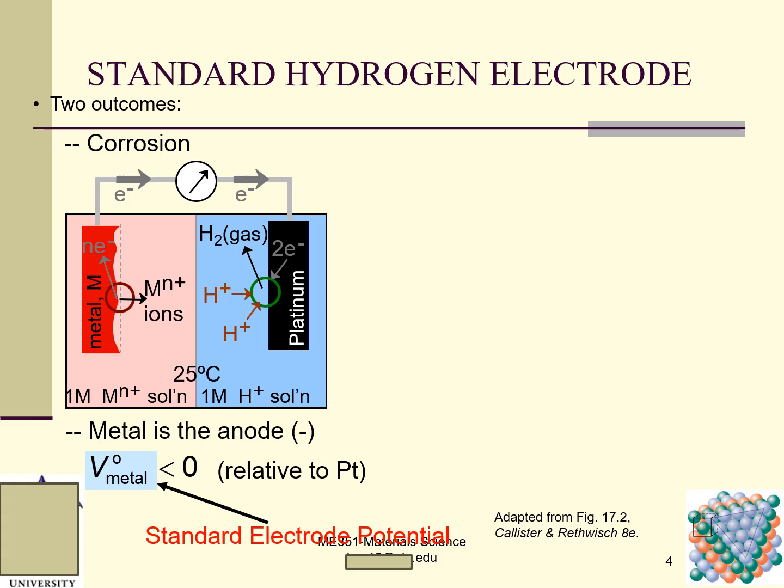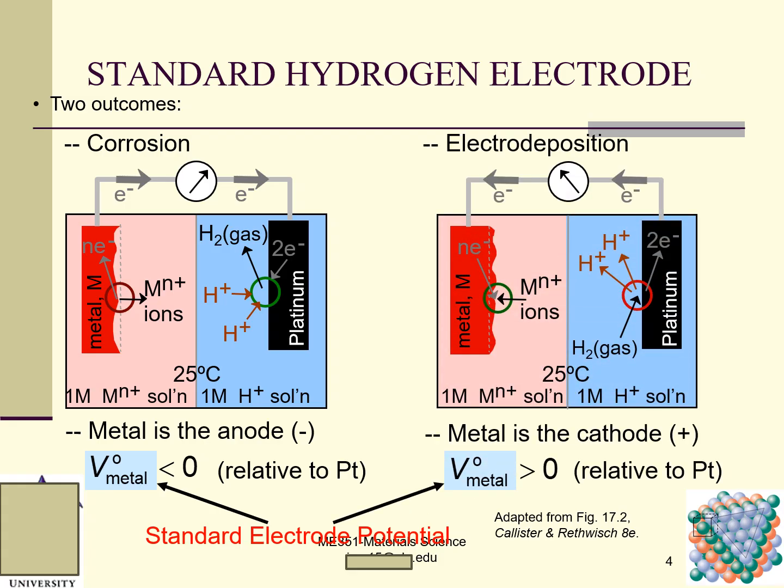If the metal's standard electrode potential is less than 0 relative to platinum, the metal is the anode. If the standard electrode potential is greater than 0, also relative to platinum, then this time the metal is a cathode. You can see the platinum here.